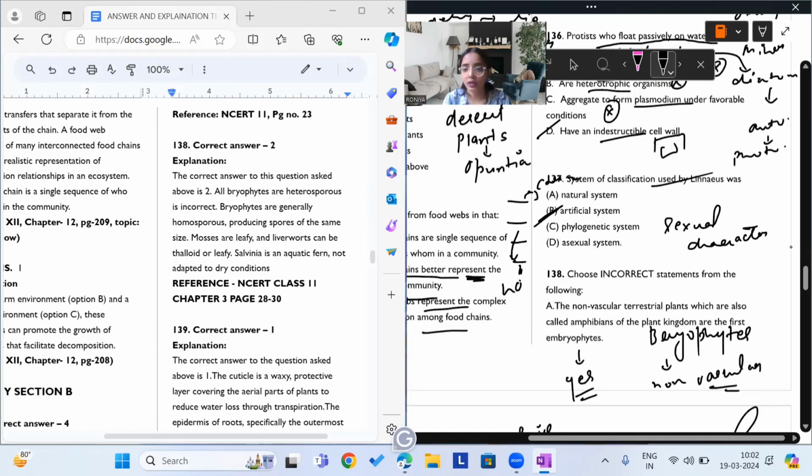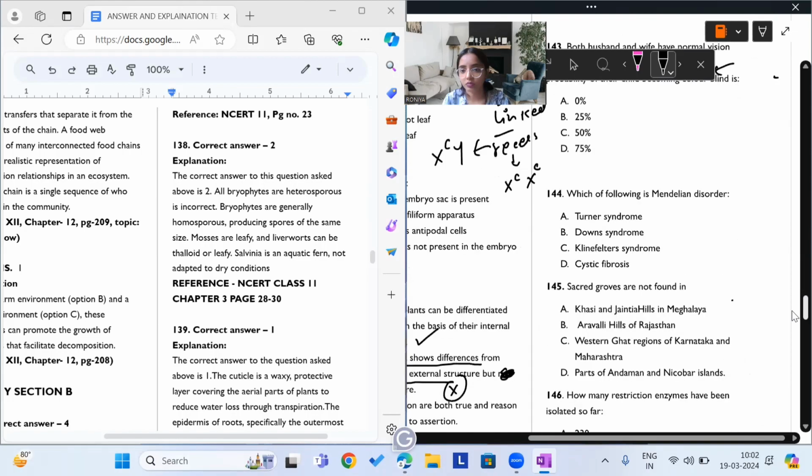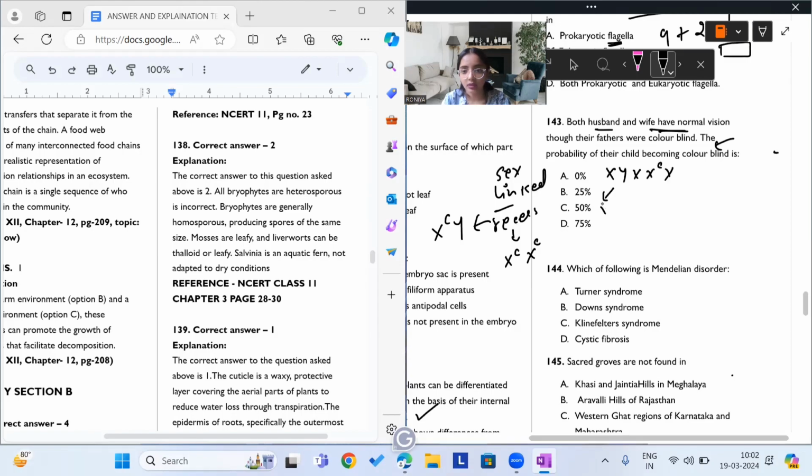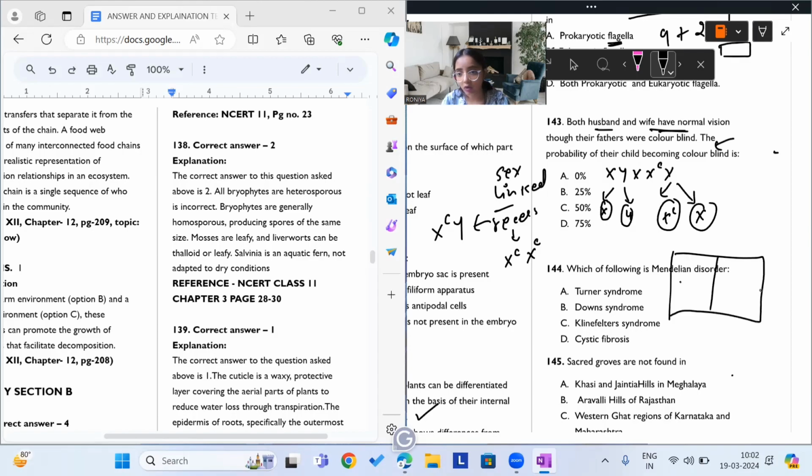Yes, so now we'll make it a little clearer. See, XY crossed with XCX. We have X, Y gametes, and XC, X gametes. Okay, if we make a Punnett square, let's make a big one. What did we get?